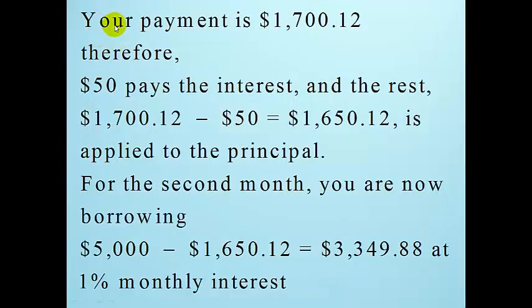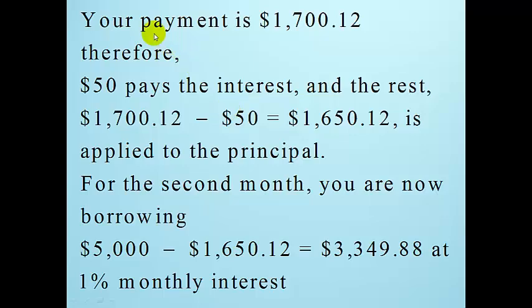Take note that your payment is $1,007.12, and therefore the $50 you have calculated pays the interest, and the rest, that is $1,007.12 minus the $50, which is equal to $957.12, is applied to the principal.